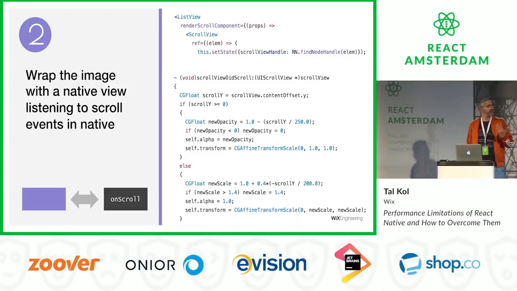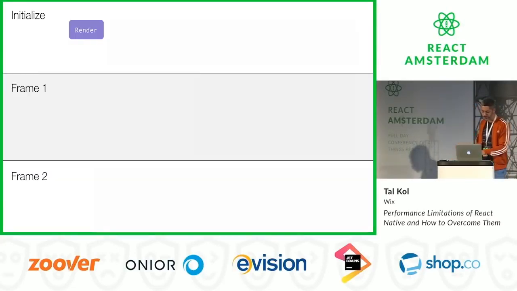If the scroll position is negative, this means it's an overscroll effect at the top, then we're going to change scale from 1 to 1.4. That's it. And instead of setting state, we can just change the view properties directly because we're running in the native realm. There's no need for the whole setState thing with React. It's just direct view manipulation in native. Every native developer knows that's the regular way to do it on the native platform. So the implementation is fairly simple in that regard.